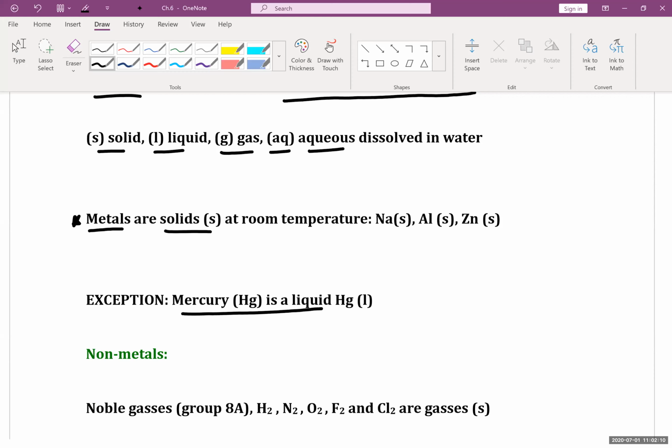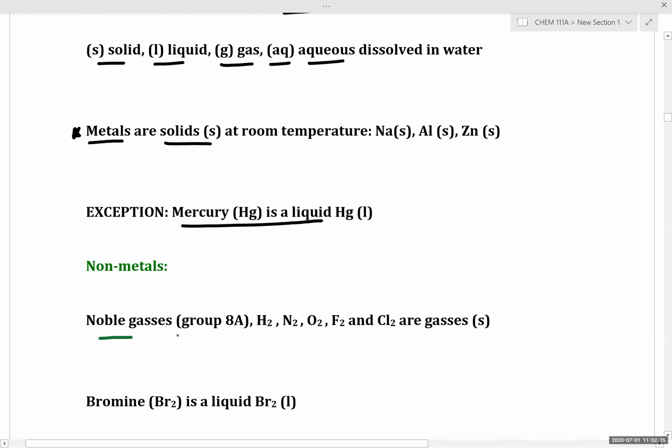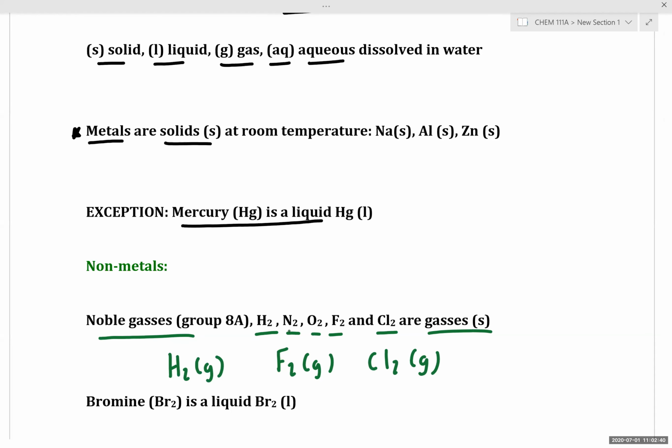Now, for your nonmetals, hydrogen, nitrogen, oxygen, fluorine, and chlorine are gases. So, for example, hydrogen would be H2 gas, fluorine would be F2 gas, chlorine would be Cl2 gas. Nitrogen and oxygen are easy to memorize because we breathe them in. They're principal components of the air we breathe.